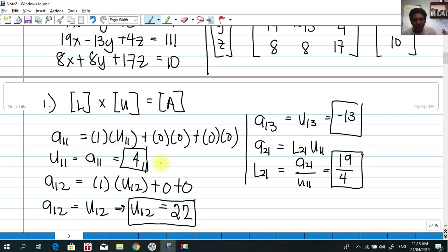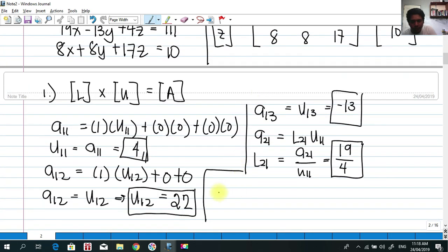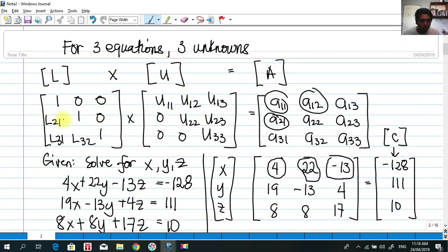Okay, we're done with A21. We have to get A22. Using the relationship for that, A22 is row 2 of L times column 2. So we have L21 times U12 plus 1 times U22, plus 0 times 0, which is simply 0.